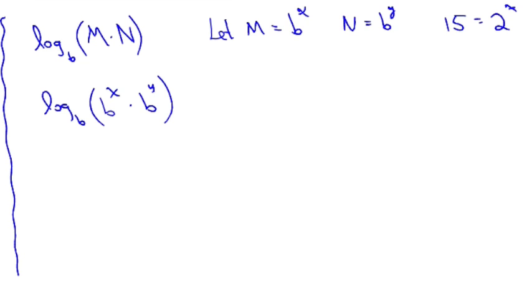But what's b to the x times b to the y? B raised to the x plus y. If you say b x plus y, it looks like b times x plus y. So log base b of b raised to the x plus y.